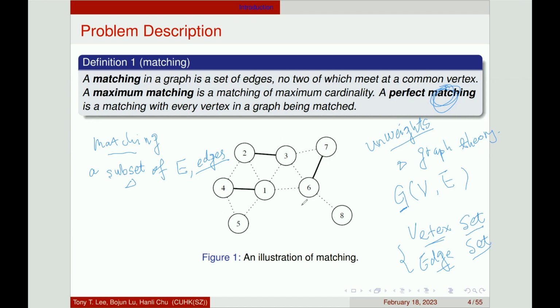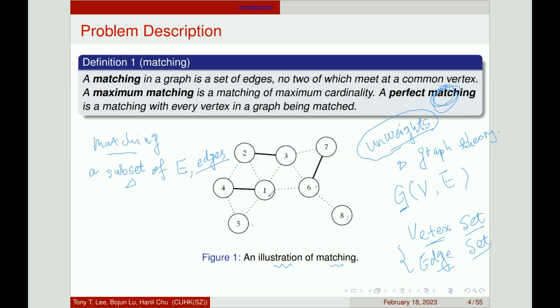Here is an easy example to illustrate a matching in a graph. It is an unweighted graph, but we have already extended our work to general unweighted graphs. You can see that we have nodes denoted as 1, 2, 3, 4, 5, 6, 7, 8, for example.